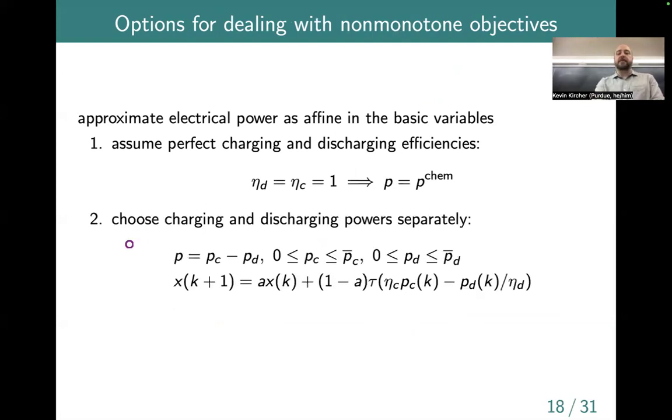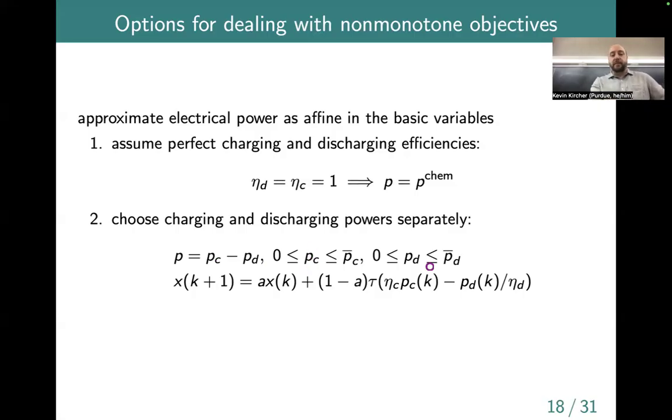Another option would be to split out the variables so that you have one corresponding to positive power that you're putting into the battery for charging, and another variable corresponding to negative power that we're taking out of the battery. So here we would split P into the charging component and the discharging component, and we restrict each of those to be non-negative.